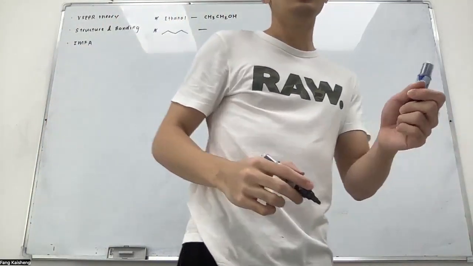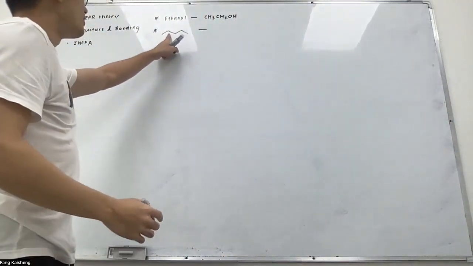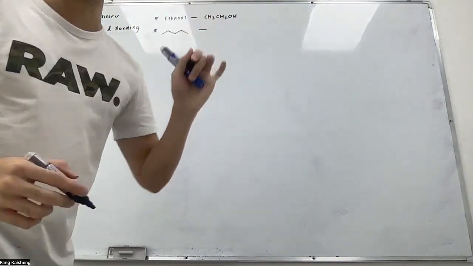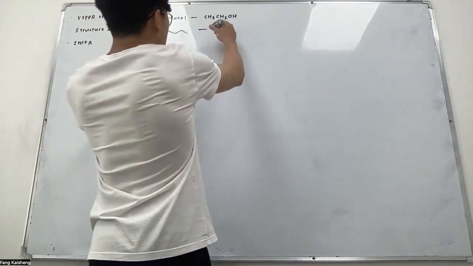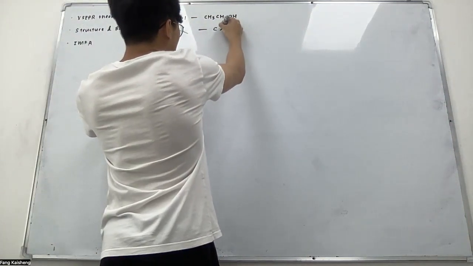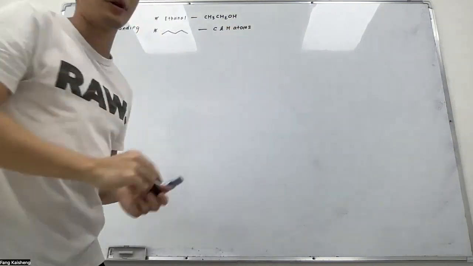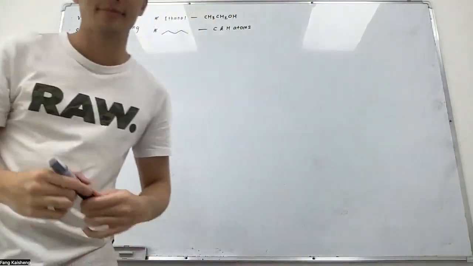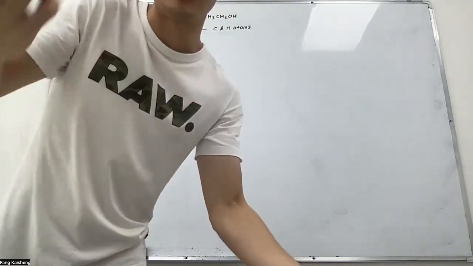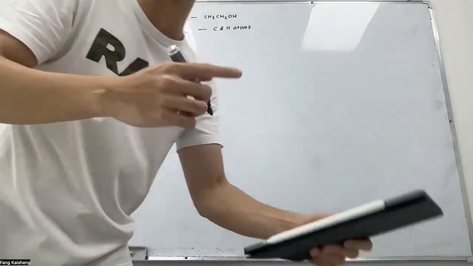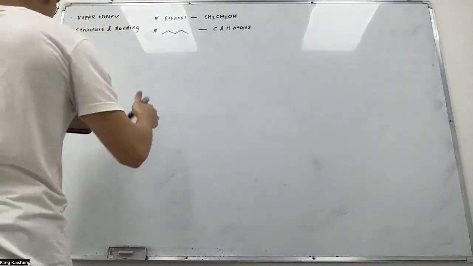Also, what do all these zigzag lines represent? I just need you to know it's just carbon and hydrogen atoms. That's all I'm going to tell you for this. Remember what I said about carbon and hydrogen? That will be useful for later on.